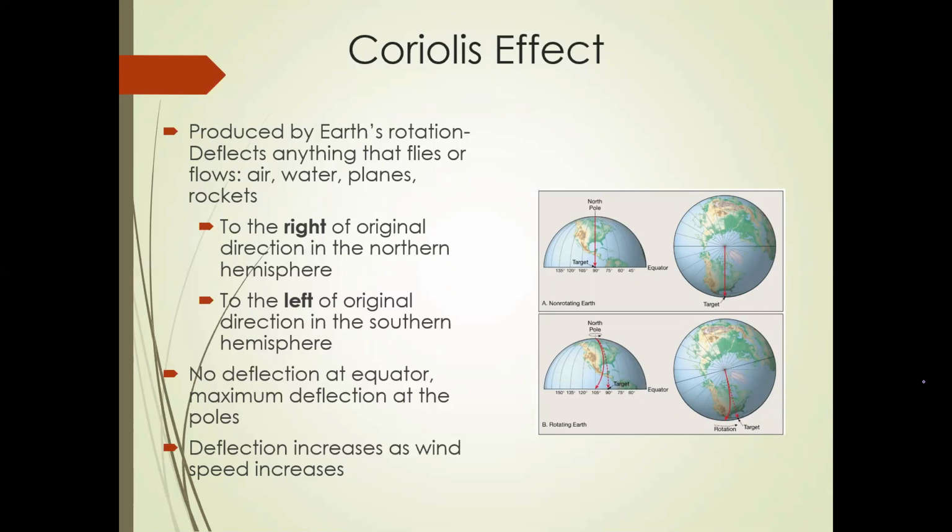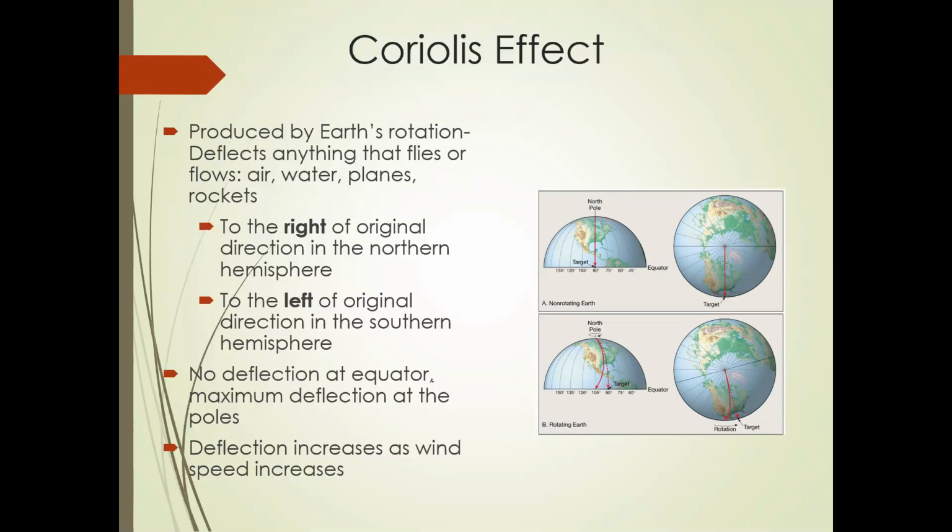If we have an airplane and we're flying from the North Pole on a non-rotating Earth, you see what happens here. We're flying from the North Pole down to the southern hemisphere.